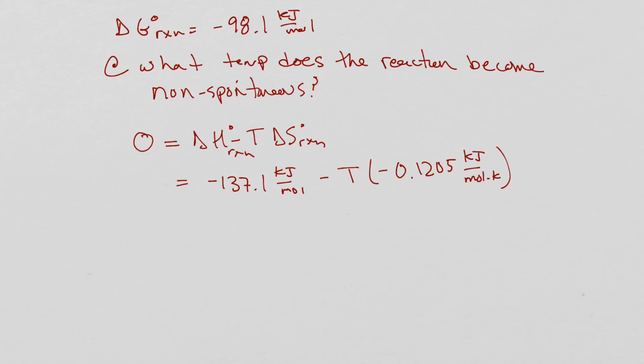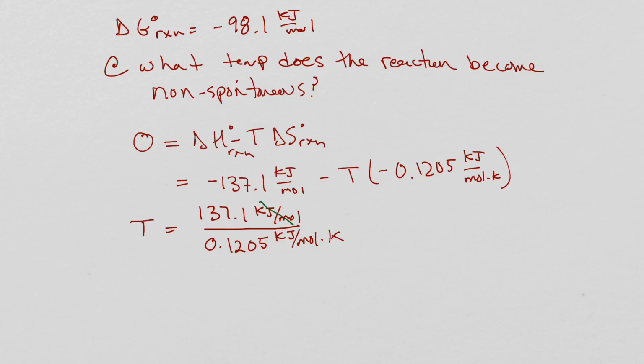And so now, if we solve our math, we rearrange and solve for T, we get T equals 137.1 kilojoules per mole divided by 0.1205 kilojoules per mole Kelvin.